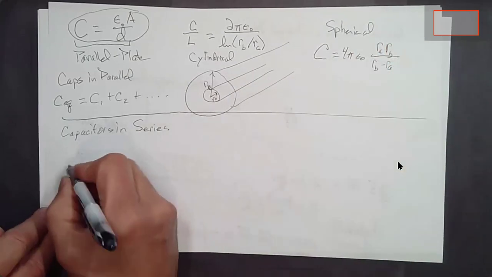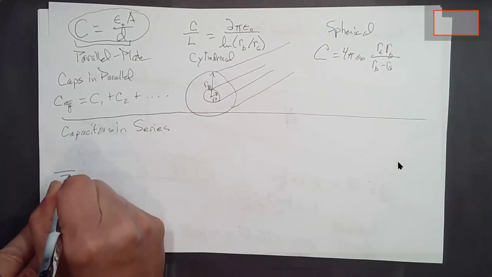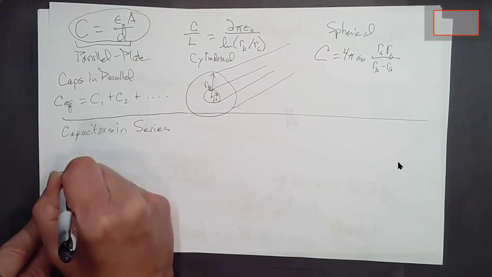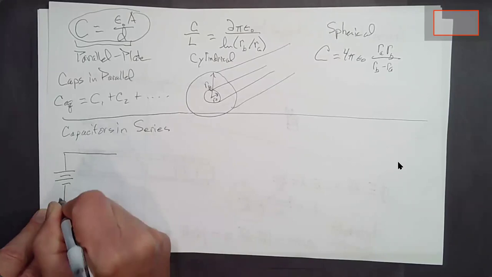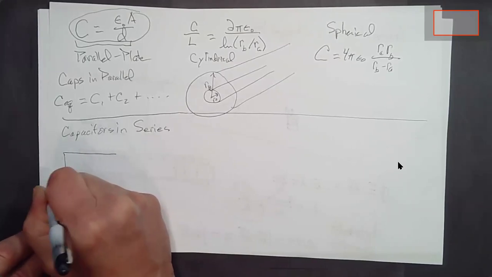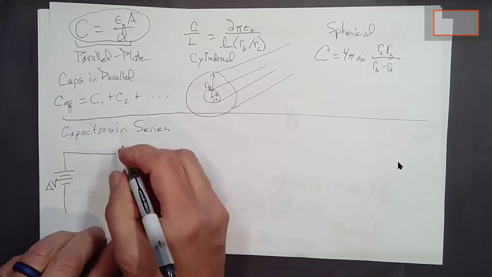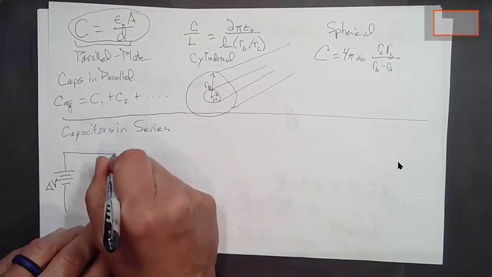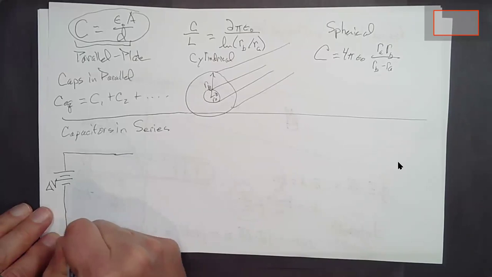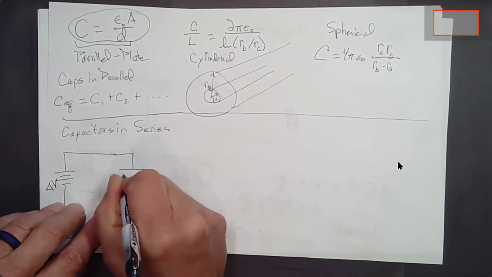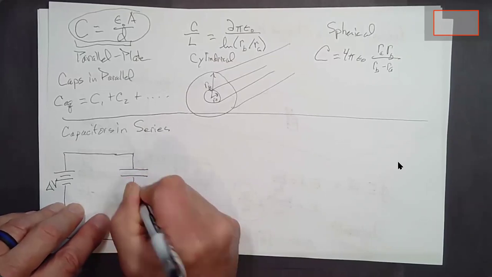I'll live with it. Let's just imagine that we have a circuit set up here, and it's got a battery in here that has a potential difference, delta V across it. And then just for the heck of it, we'll put 3 capacitors in series in this circuit.